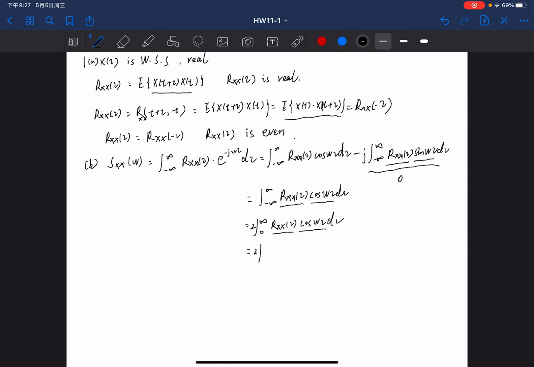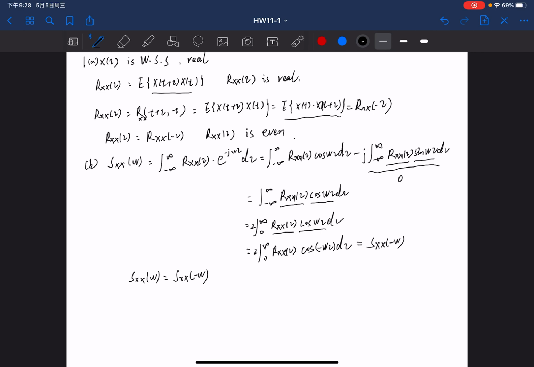It equals 2 multiplied by the integral from 0 to infinity of R_xx(tau) multiplied by cosine negative omega tau d tau. And so this equals S_xx(negative omega). And so we can find that S_xx(omega) equals S_xx(negative omega).